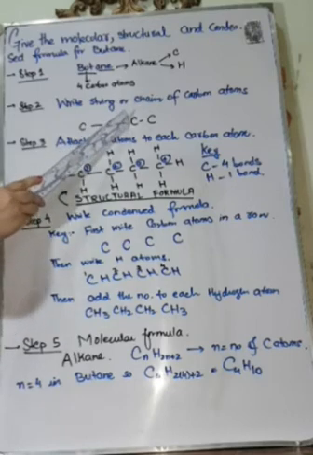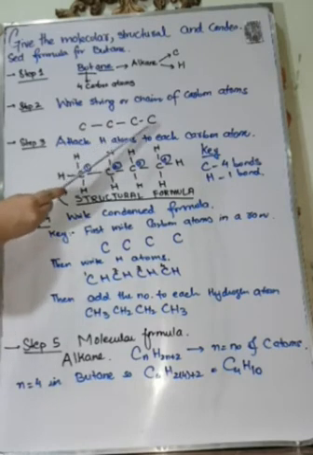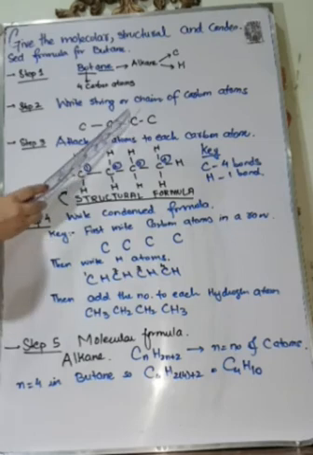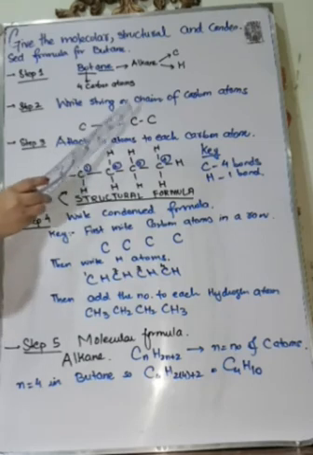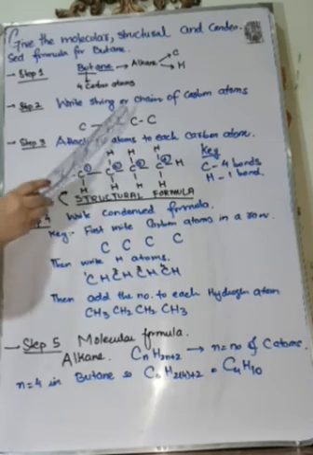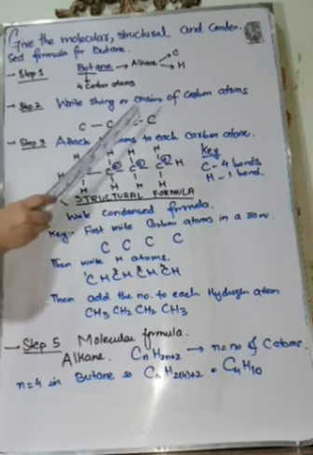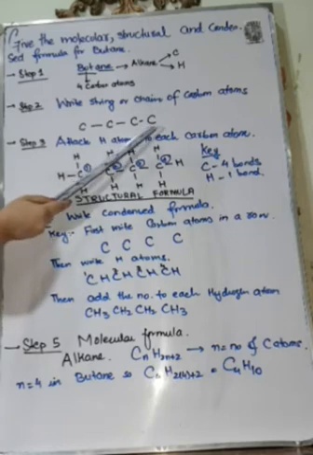For the third carbon atom, we have the same case as the second carbon atom: it is attached to 2 bonds already, and we need to attach 2 more bonds in order to complete its valency. So 2 hydrogen atoms are attached to the third carbon atom. Now for the fourth carbon atom, only 1 bond is drawn.